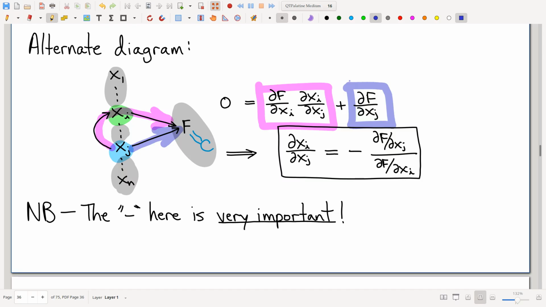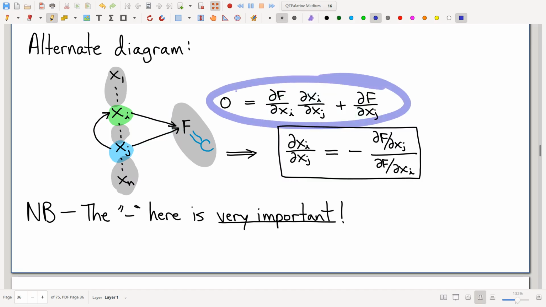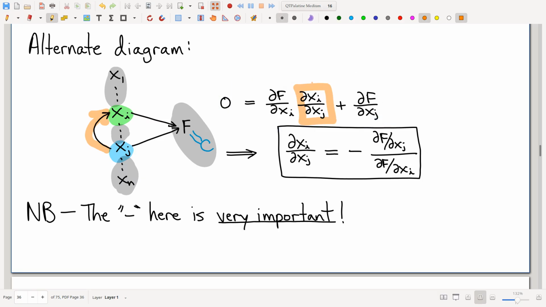So that means that we have this equation here. And, oh wait, what we were interested in was the partial of xi with respect to xj. Okay, cool. Solve for it. And there's your formula right there. Is that cool? Is everybody happy with that?